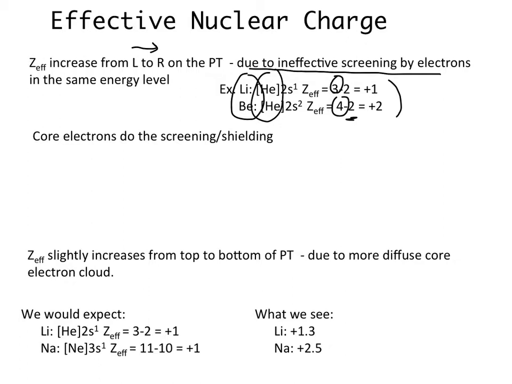So we would expect some trends to correspond to this type of pull. What we need to understand here is that the core electrons are going to be the ones doing the shielding.